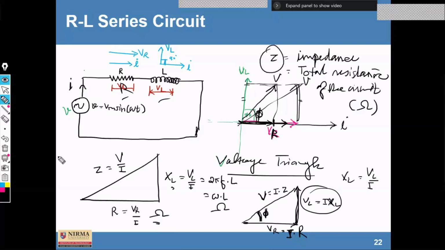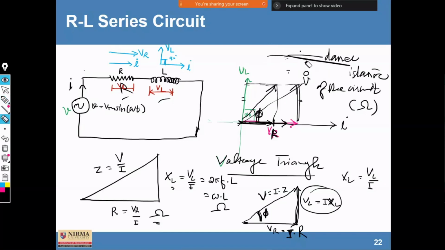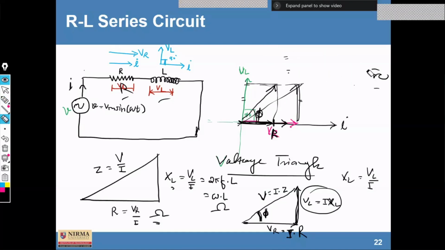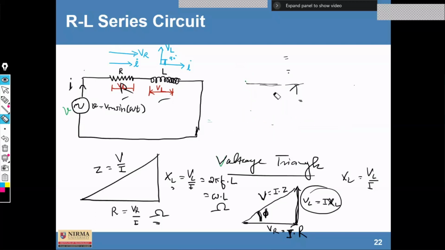Fine. So here we can derive an expression of impedance from these different triangles, and we can find the equations of voltage, current, as well as total impedance here. Fine. So let us derive those different equations.